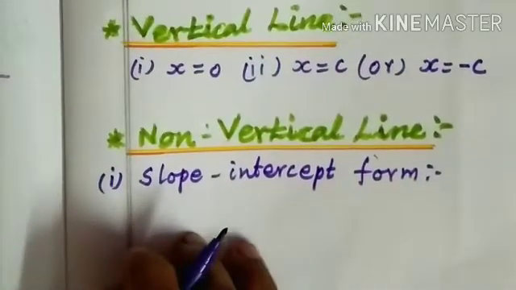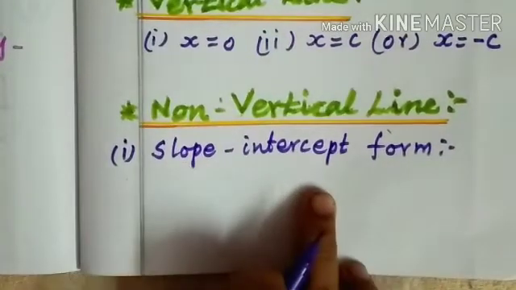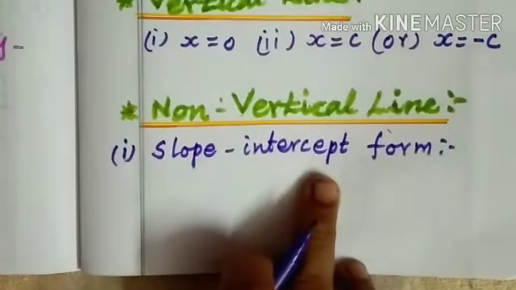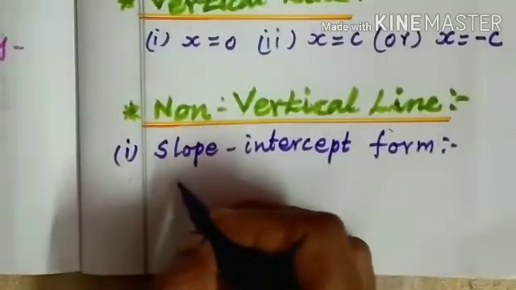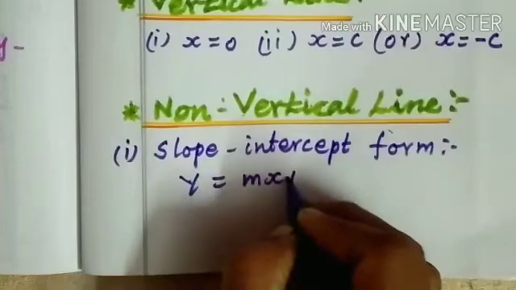What is given in this form? Yes, slope m and y-intercept c are given, then the equation is y is equal to mx plus c.